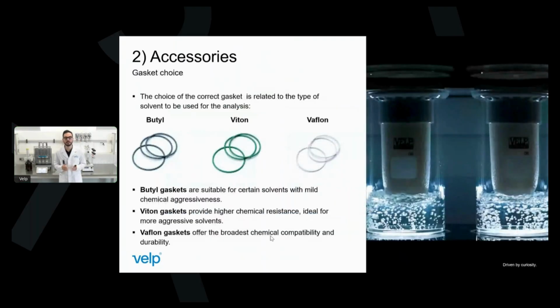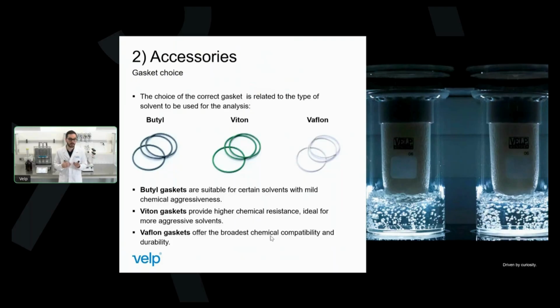In addition, we have also three different kinds of gasket, because we have to match the chemical compatibility of the gasket that is placed into the instrument with the solvent that is used for the extraction. We have the gray one, the butyl one, that can be used for certain solvents with mild chemical aggressiveness.